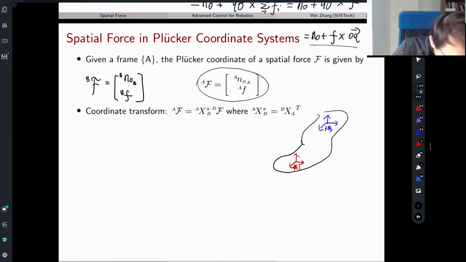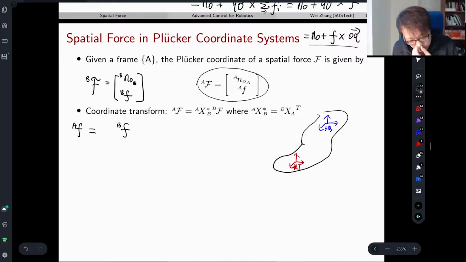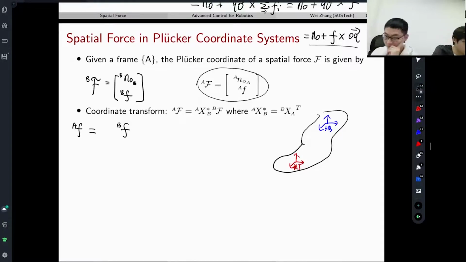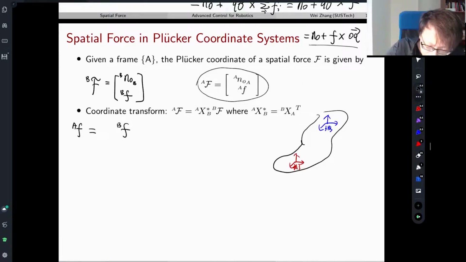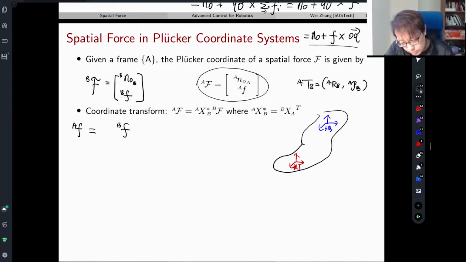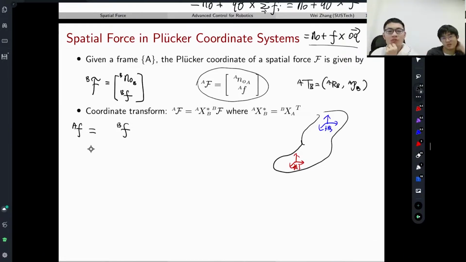First of all, let's look at this term. What about F_A and F_B? What is their relation? Suppose I have my T_B in A, it's R_BA and P_B in A. What is F?